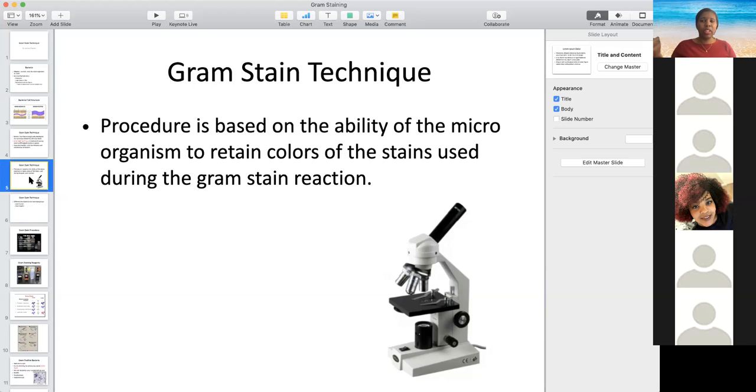Again, we're looking for some important morphological features and arrangements, and these stains help us to see these. Depending on the color that these cells retain at the end of this procedure will help us to identify it. At the end of the procedure, we can determine if the cells are gram positive or gram negative, and that tells us some initial identification features.